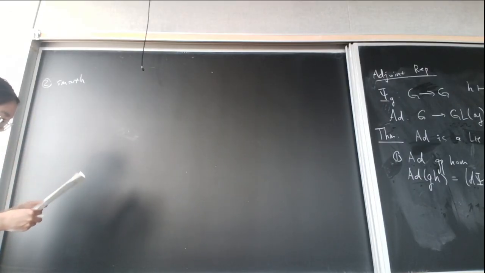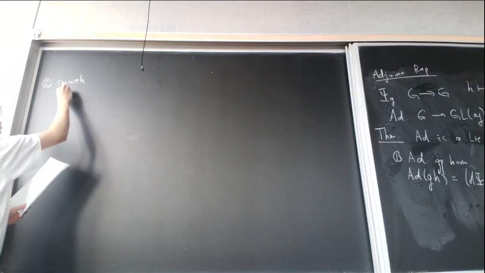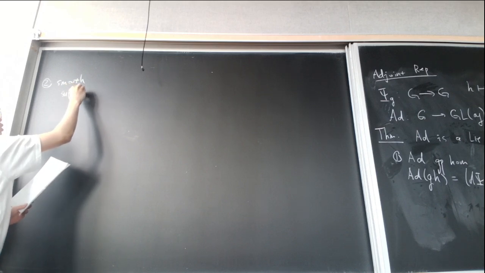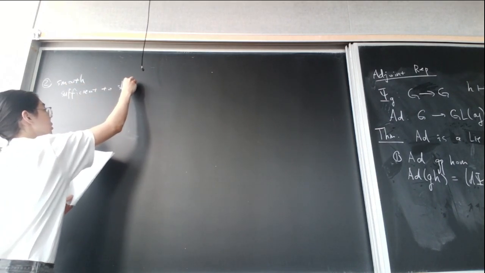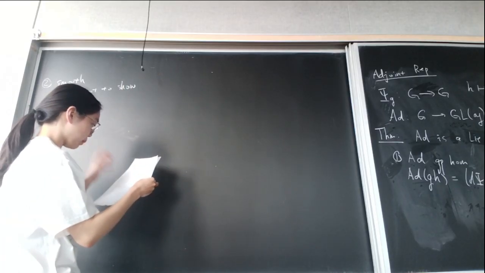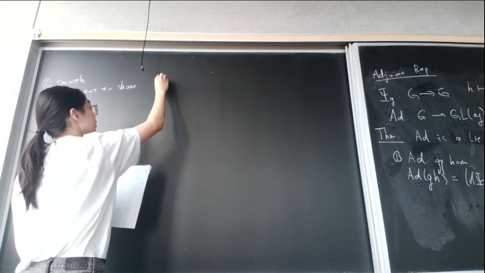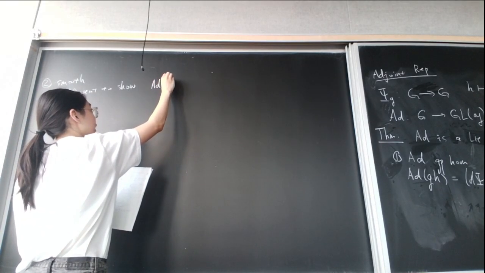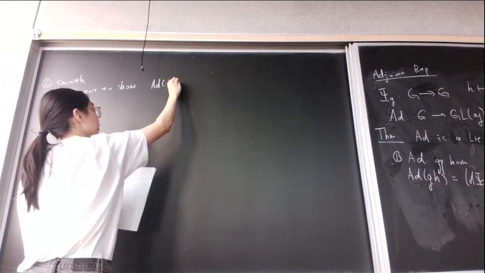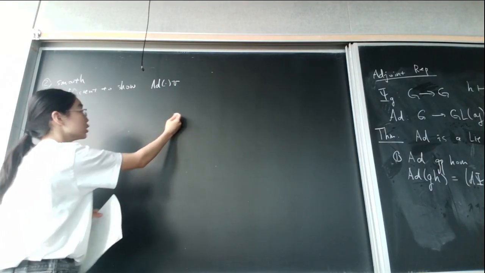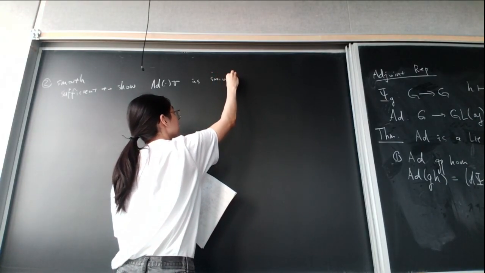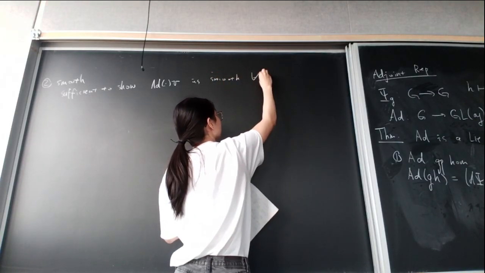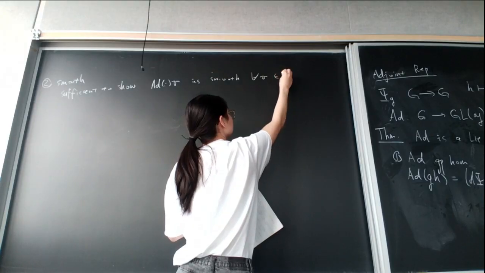So it's sufficient to show that AD of something applied to a vector v is smooth for all v.